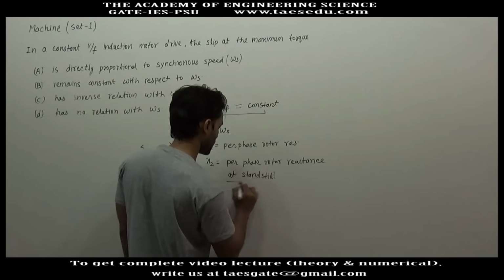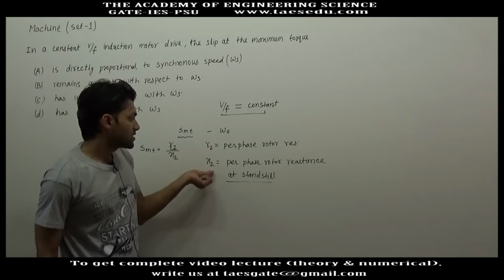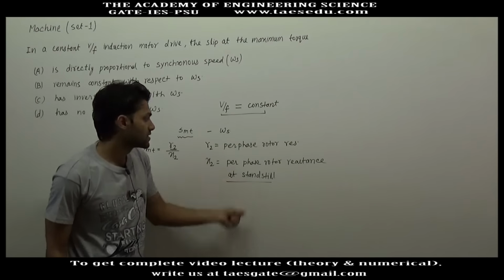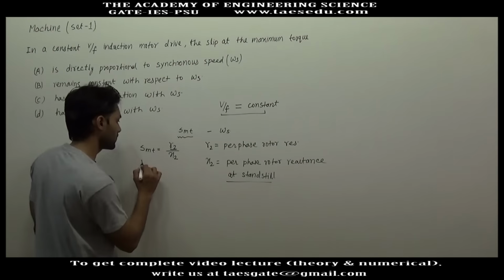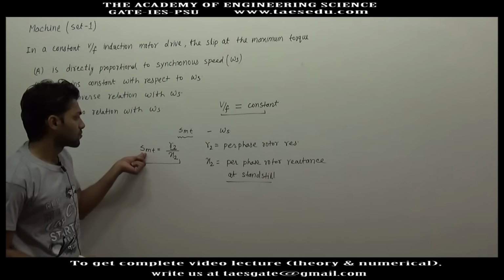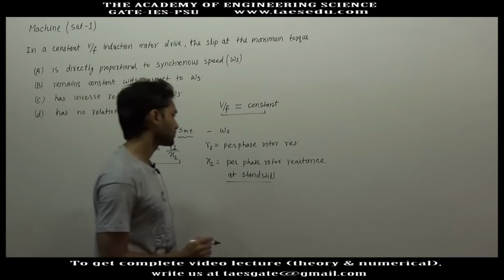This is important to write. X2 is the reactance when the rotor is at standstill. So this is the formula for slip corresponding to maximum torque.